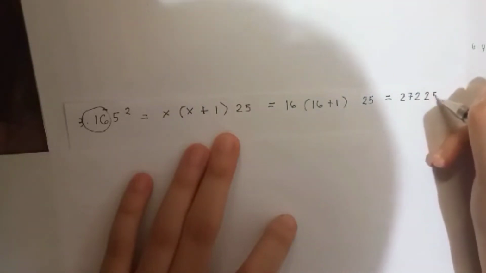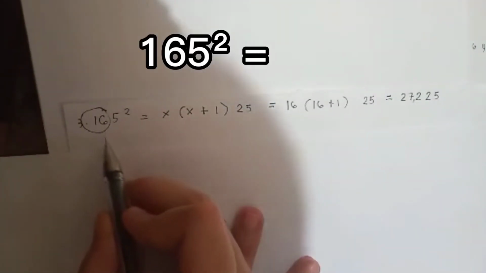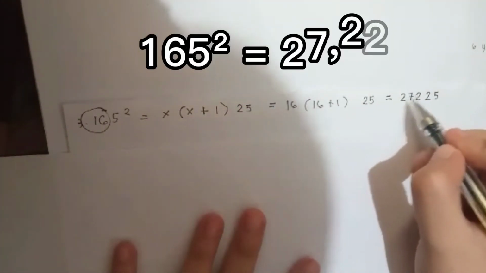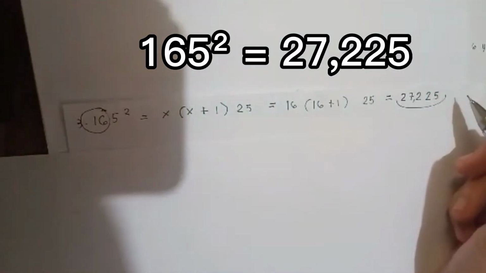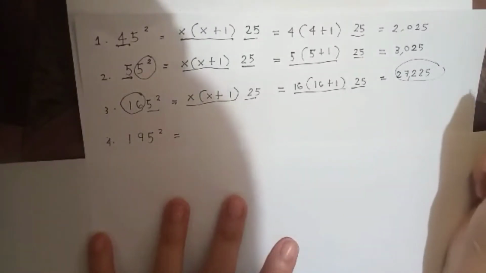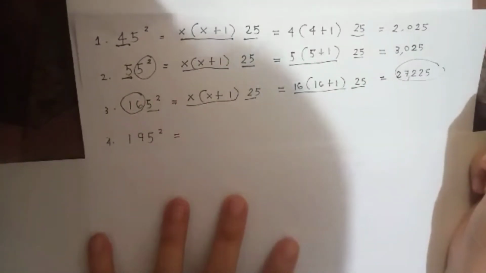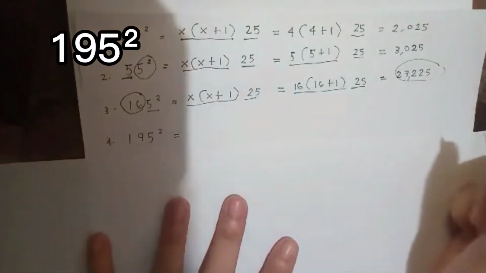Copy the 25. So thus we have 165 square is equal to 27,225.